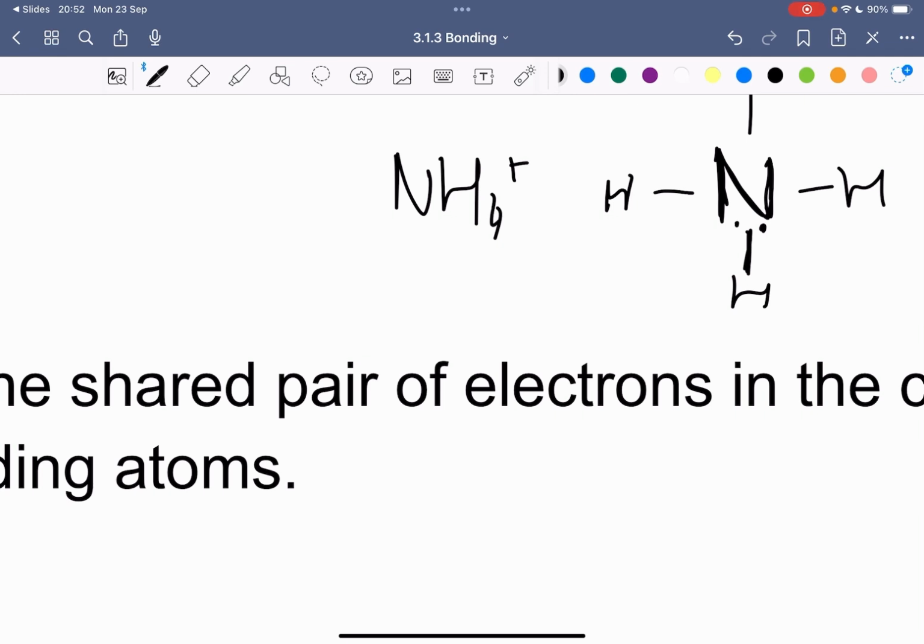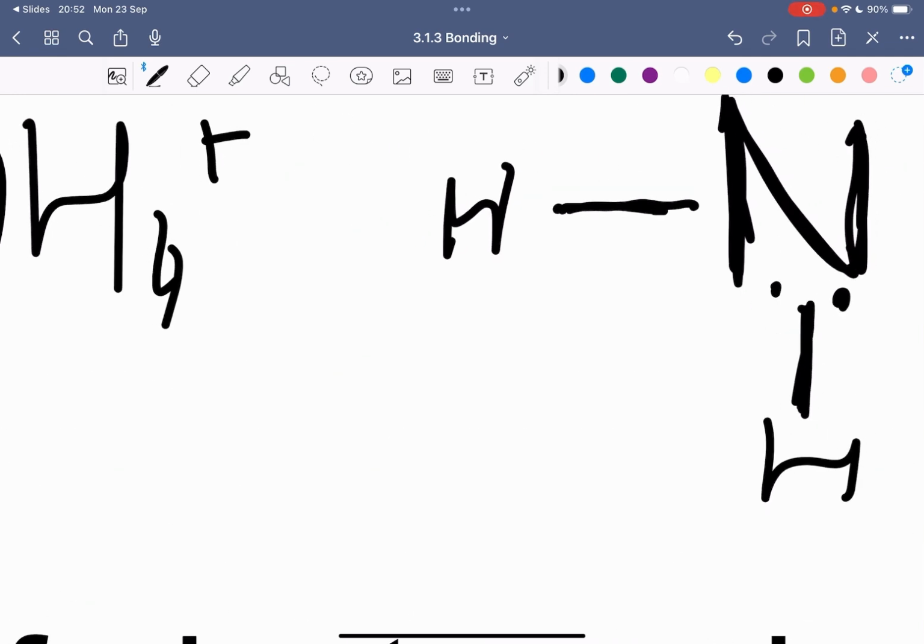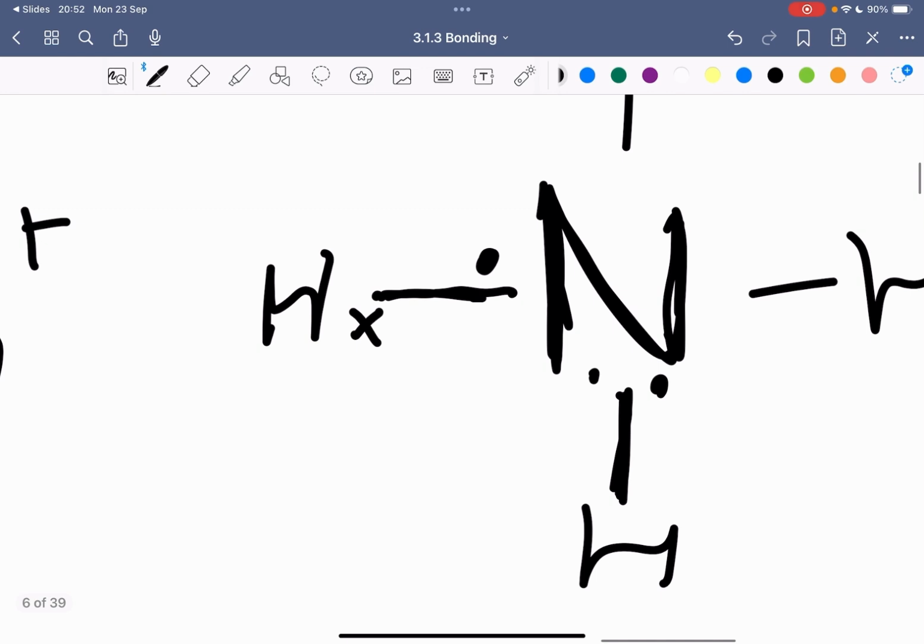Normally in a covalent bond, one of the electrons comes from the nitrogen and the other one comes from the hydrogen. Whereas in this case, both of the electrons come from the nitrogen, and they're both donated in the bond towards hydrogen.